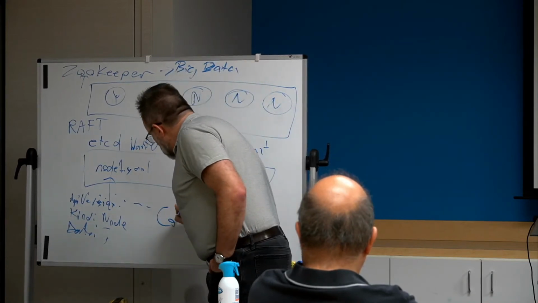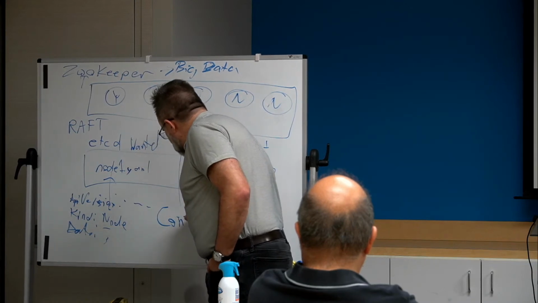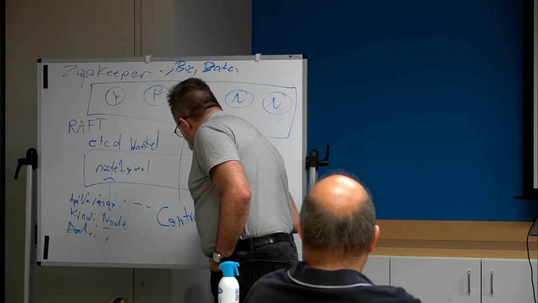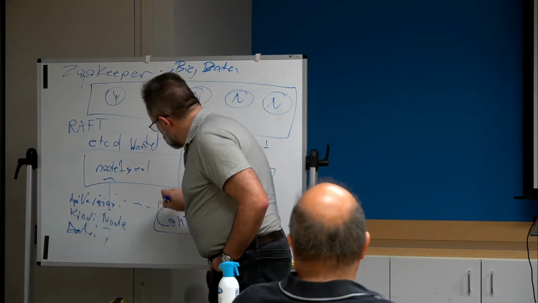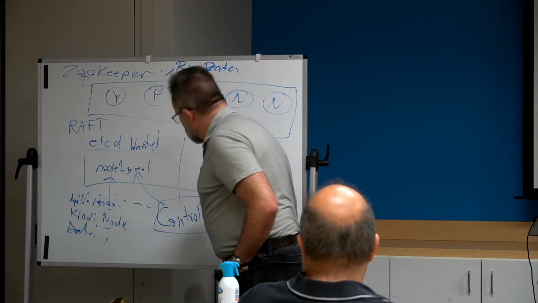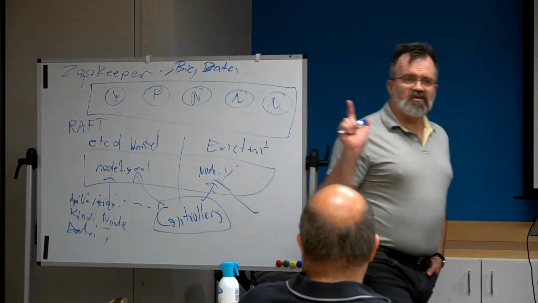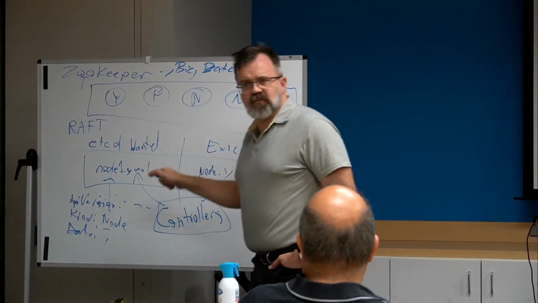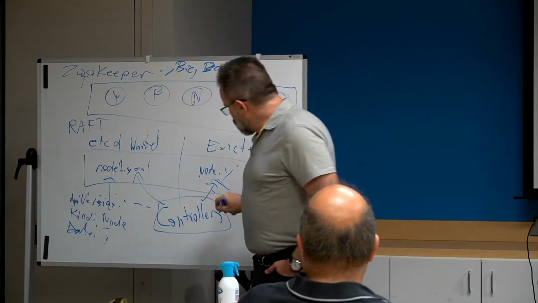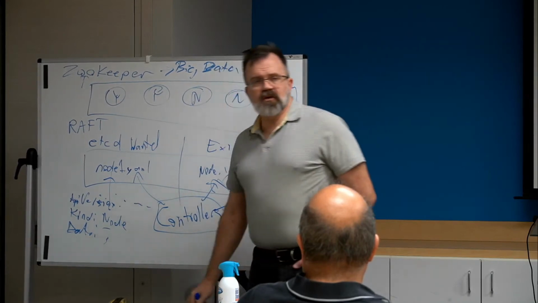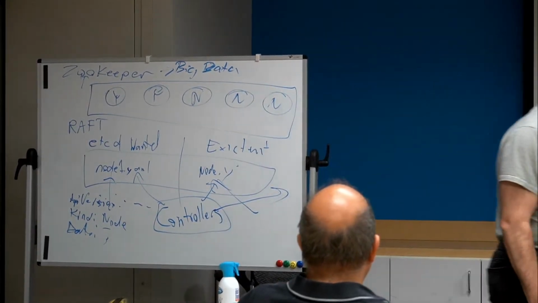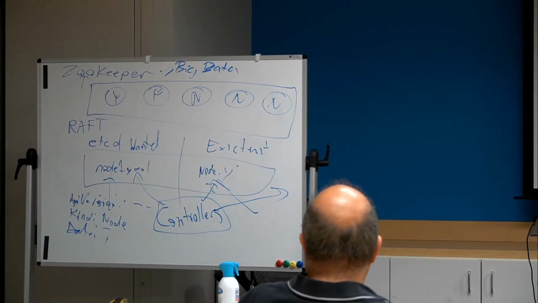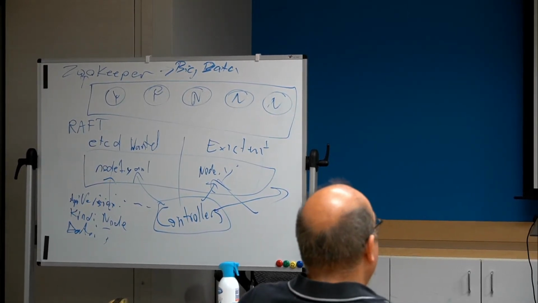And there is a class of programs called controllers. And all they do is compare those two sets. And in the event that these two sets don't match up, they will reach out and do API calls to other things to try to get them in alignment.